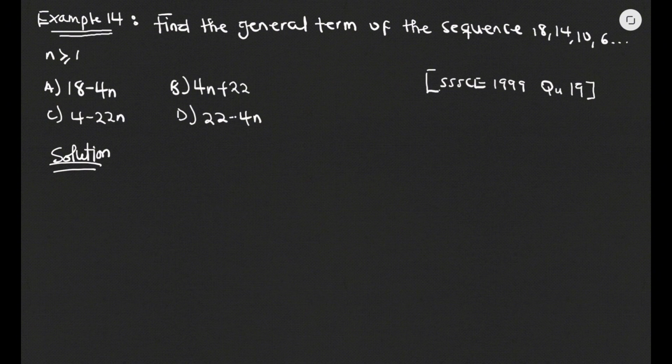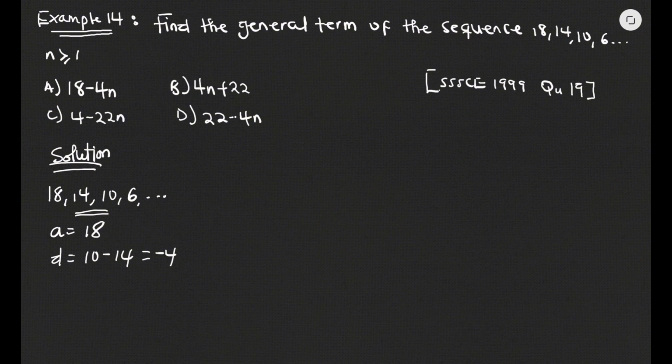So we're given the sequence as 18, 14, 10, 6, and it continues. If I look through the sequence, I know that my first term is 18. My difference will be any of these two numbers, so in this case, let me use 10 and 14. It will be 10, which is the third one, minus 14, the second one, which gives me minus 4 as my difference.